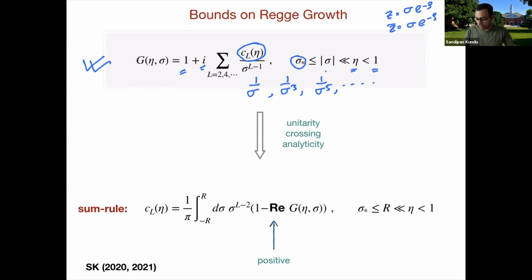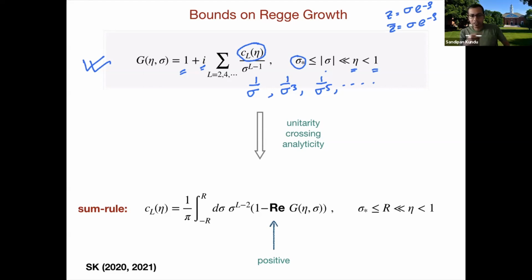So basically all these CL coefficients can be written as some positive integral. And what that implies is the following: some positivity, monotonicity, and log convexity conditions for the CL coefficient. Sorry, Sandipan, just on this screen, what is this 1 minus real part? Why do you have 1 there?